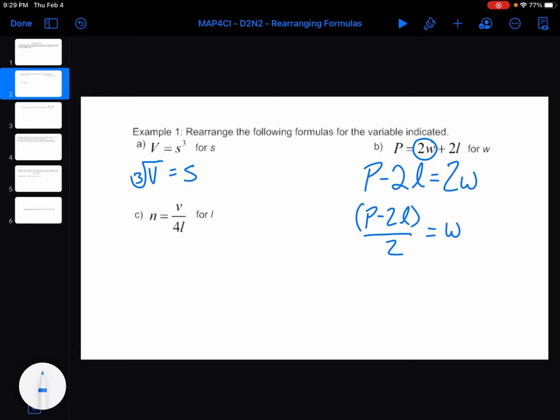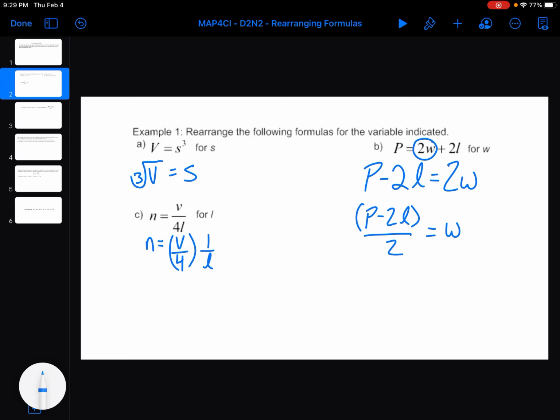Okay, the next one, it says solve for l. Now really, I'm going to rewrite this. This one says n equals v over 4 times 1 over L. Okay, so we can do this one of two ways. We can solve for 1 over L and then flip the whole fraction, or the opposite of dividing is multiplying.